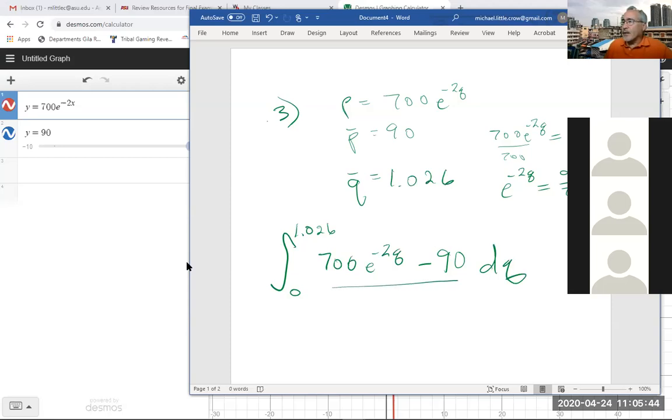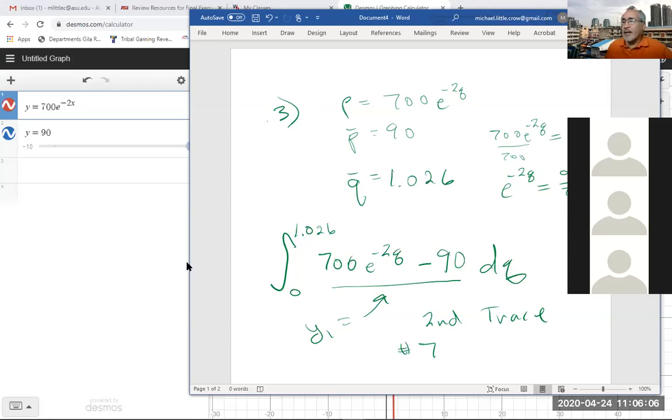And again, you can put this in the TI calculator as y1. When you graph it, you do a second trace, and you do number 7, which is find the integral.